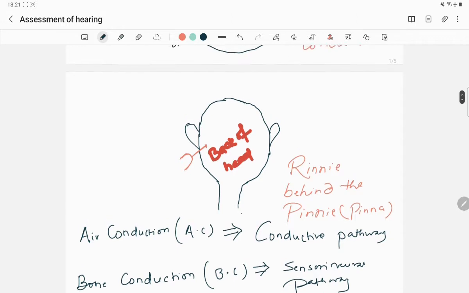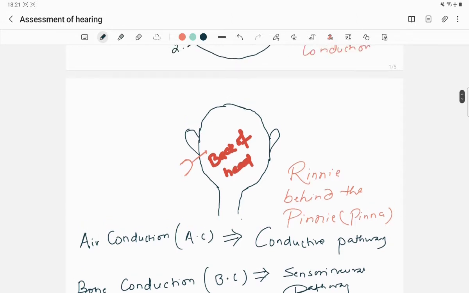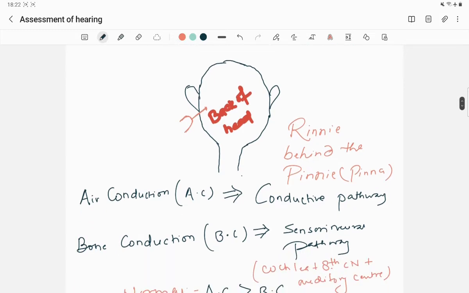So okay, Rinne test. Now this Rinne test and Weber test are high yield concepts that are very important in our daily routine practice and also for our examination purpose. Now I will be using two terms, air conduction and bone conduction.